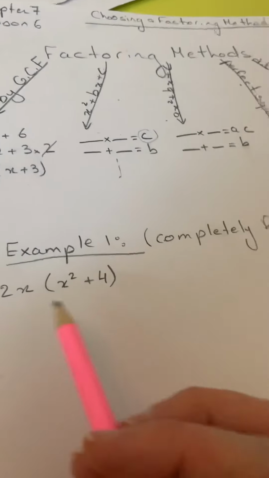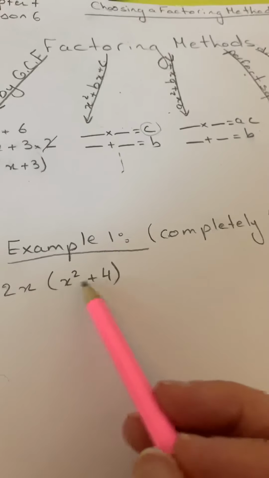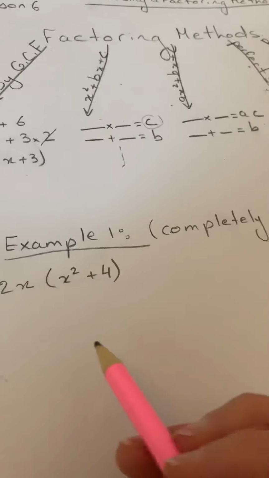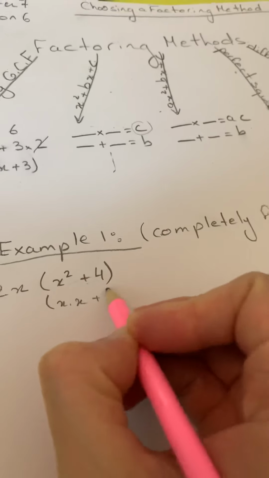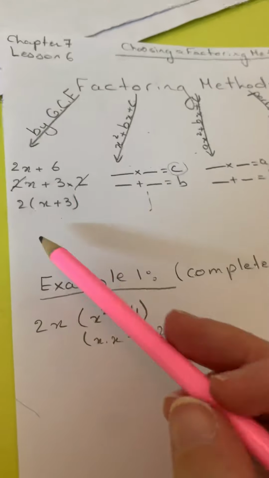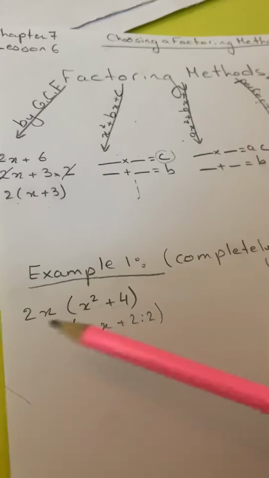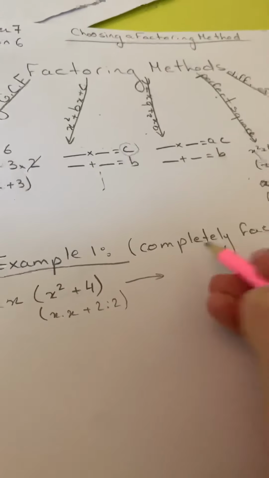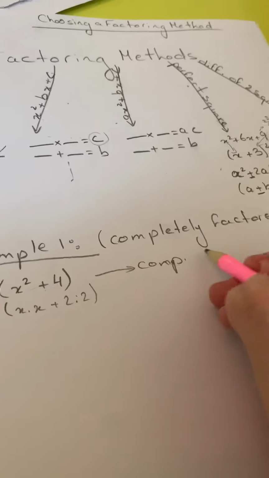Let's see. 2x, and here I have x power 2 plus b. Can I do anything about this? Can I factor it in any way? Like, for example, if I have x times x, and this is 2 times 2, can I take common? Like, can I use this one? No, there is nothing common here. So actually this is completely factored.